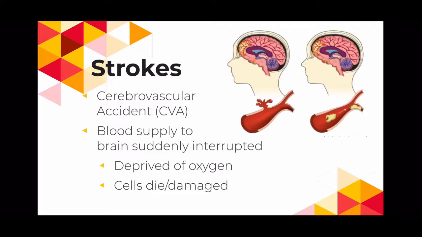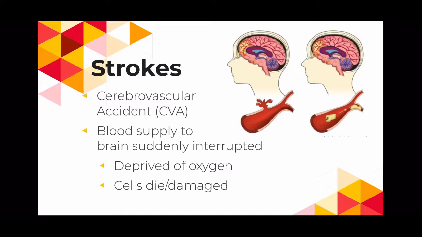You can see that there is some sort of a bleeding incident that's happening in a blood vessel of the brain, and then that is going to prevent all of that blood from getting where it needs to go. Either way, the reason this causes a stroke is because the blood supply to the brain is being suddenly interrupted.